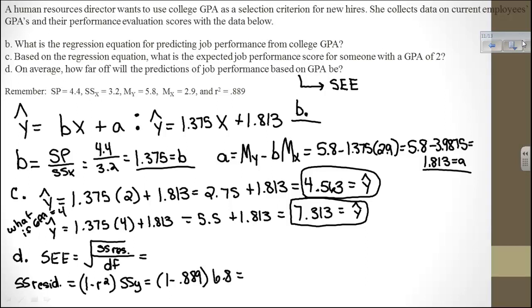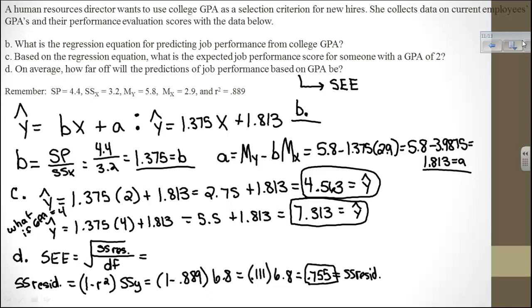So 1 minus 0.889 gives you 0.111, multiplied by 6.8, and you get 0.755. So, sum of squares residual.